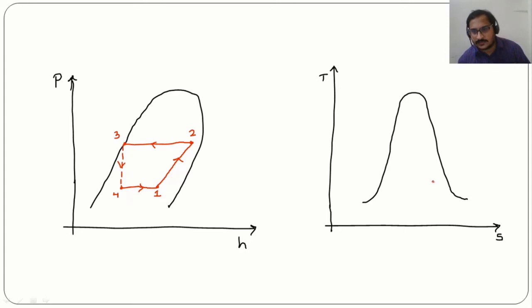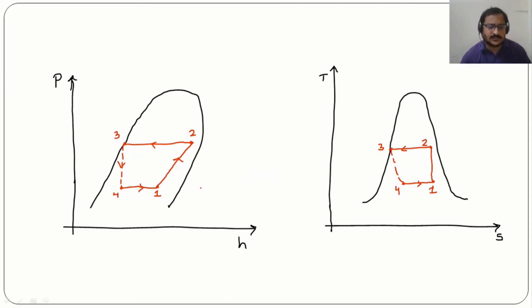Then here 1, 1 to 2, 2 to 3, phase change, 3 to 4, throttling expansion, and 4 to 1 is like this.